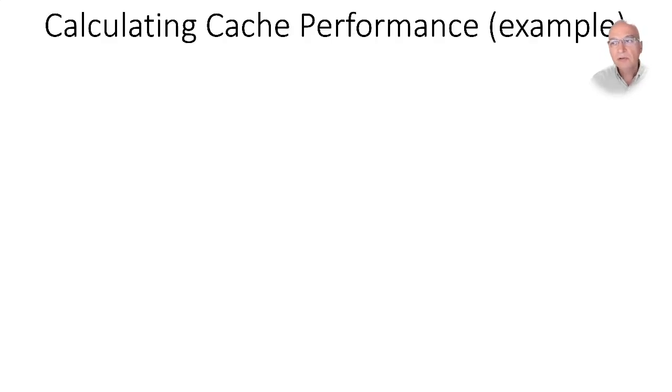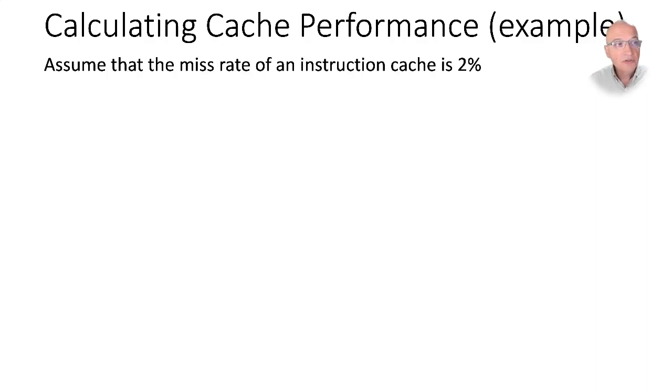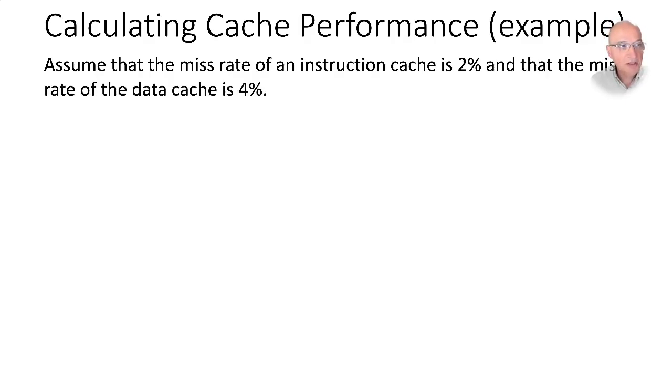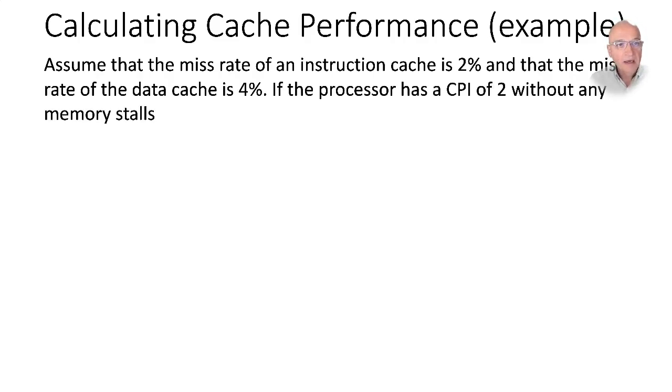So how do I calculate cache performance? For that, we're going to do an example. We're going to assume in this example that the miss rate of the instruction cache is 2%, and that the miss rate of the data cache is 4%. And we'll assume that the CPI, that's the average number of clocks per instruction in this processor, is 2 if I have no memory stalls.